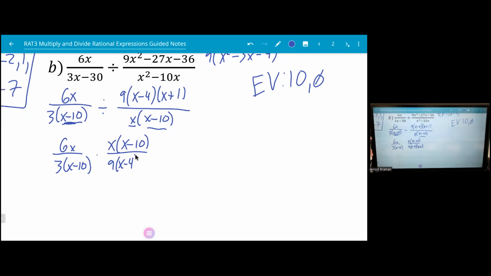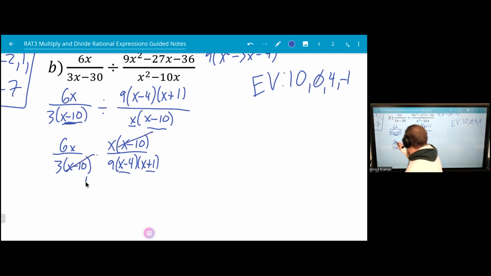We need to check for new excluded values here and here. Well, it looks like we got them. I got 4 and also -1. So I had a couple new excluded values. All right. Well, now let's see what simplifies. I've got an x minus 10 in the numerator and denominator. That simplifies to 1.